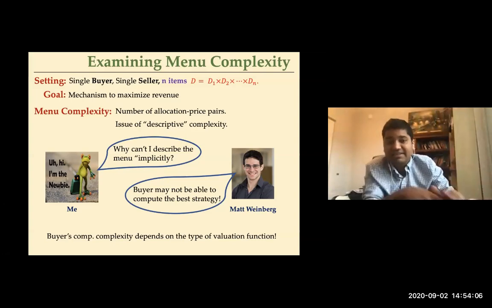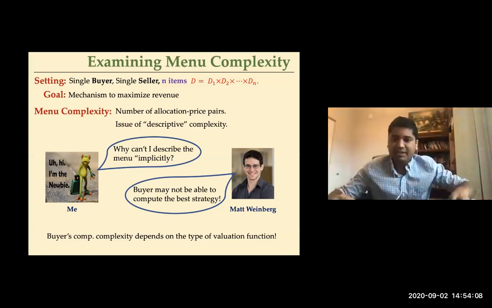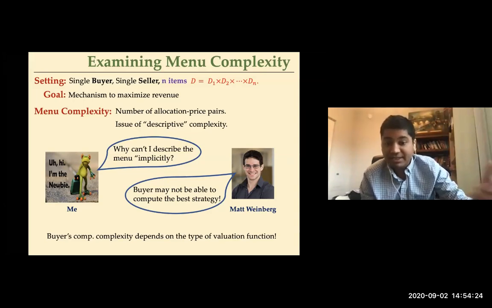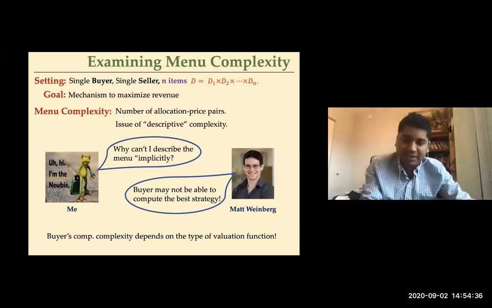And so the menu is being described as a list in order to make it very simple for the buyer to pick the optimal strategy for them. Okay, very good. And in general, one caveat to remember here is that the computational complexity of picking the best possible option can depend on the valuation function. If the valuation function of the buyer is complicated, then it may not be possible, under a given implicit description, to compute it fast.